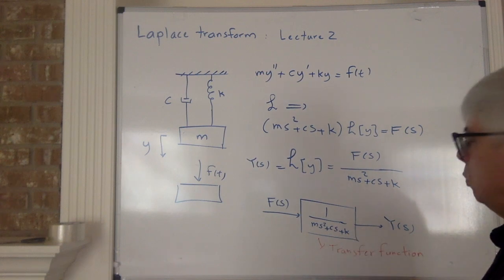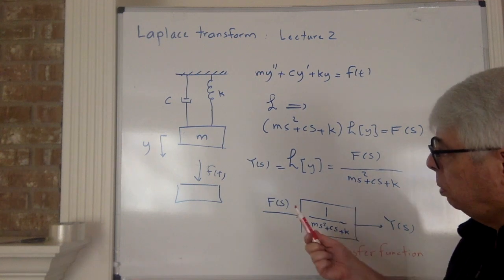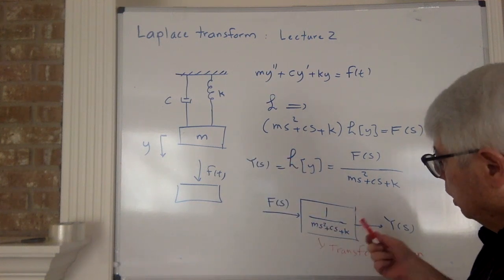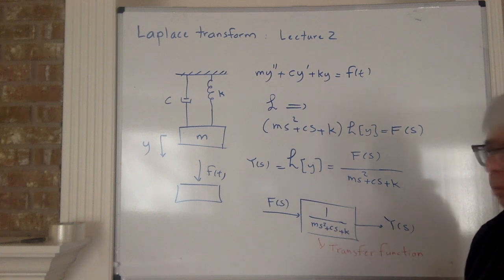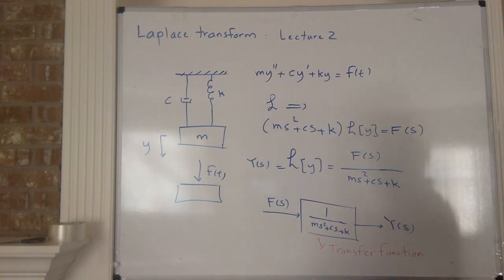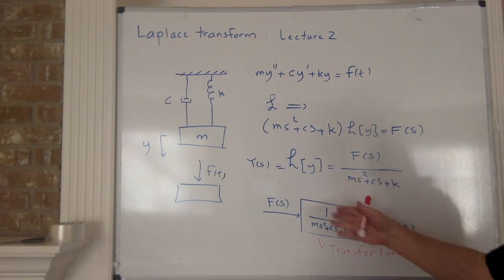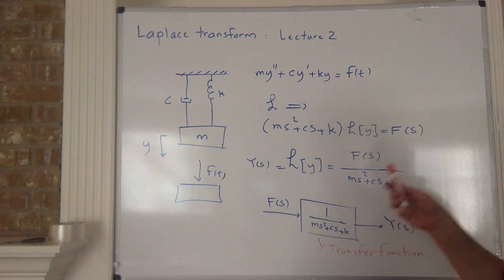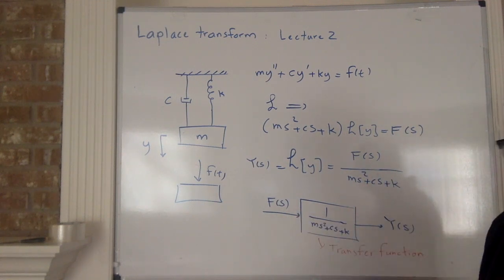And you see this transfer function is a property of the system. It has nothing to do with this forcing function. This is m, c, and k. So the transfer function is the property of the system. So if you have a system and you calculate its transfer function, it can be just a gigantic system, and then you apply different forces to the system, different F(s).